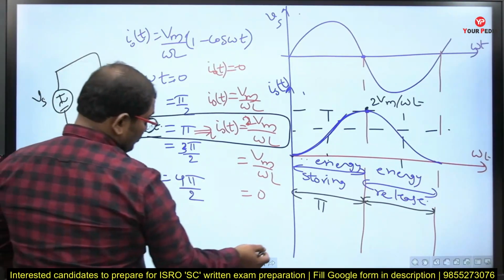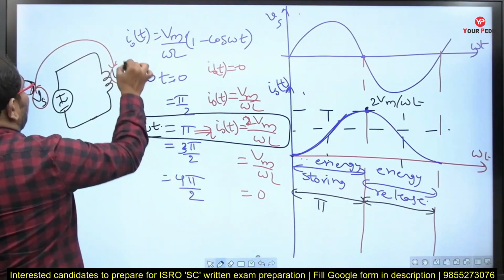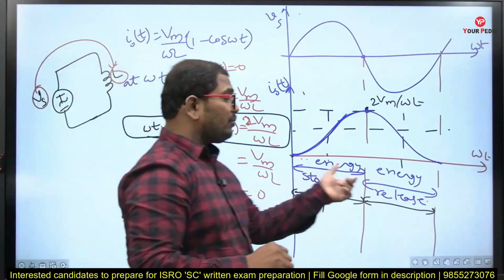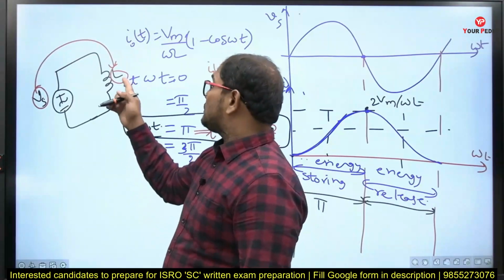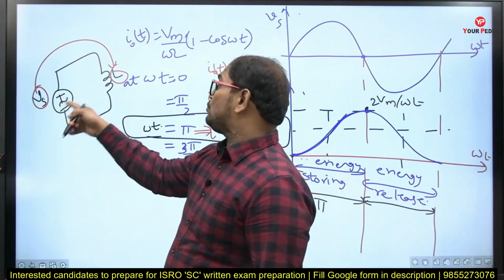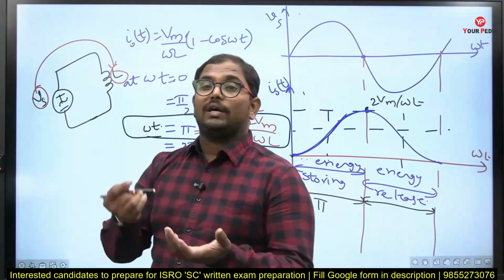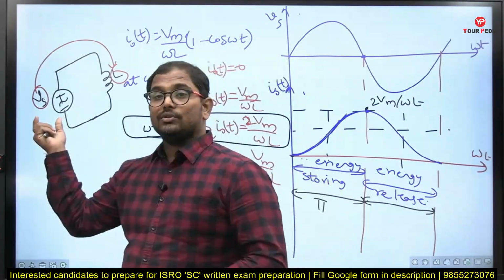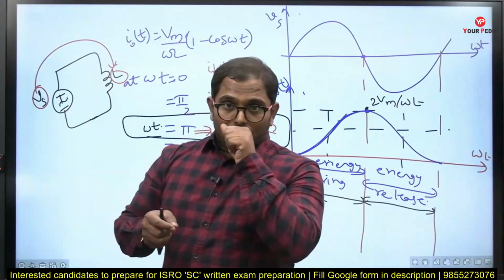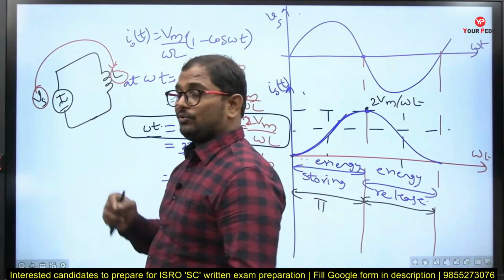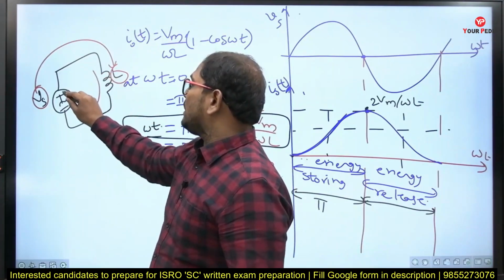See here, this source is supplying energy to the inductor over a period of 0 to pi. What happens if the energy is completely stored from this source to this load? Now this inductor has more energy storage when compared to the source, because the source has 0 energy. So it will release the energy to the source again.